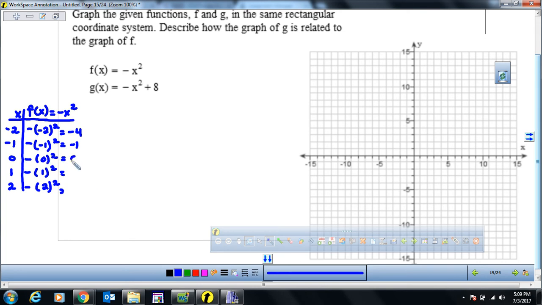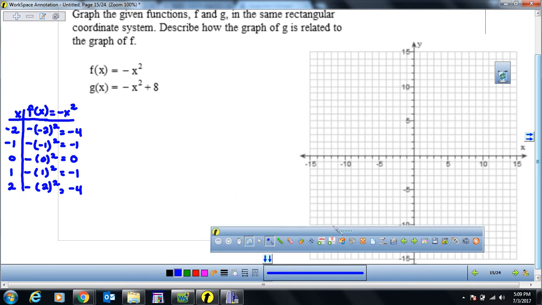Times the negative, it's still going to give me a 0. 1 squared is going to give me a 1. Times the negative, it's a -1. And 2 squared gives me a 4. Times the negative, it's going to give me a -4. You see that every value of x has only one value of y. The values of x are not being repeated.